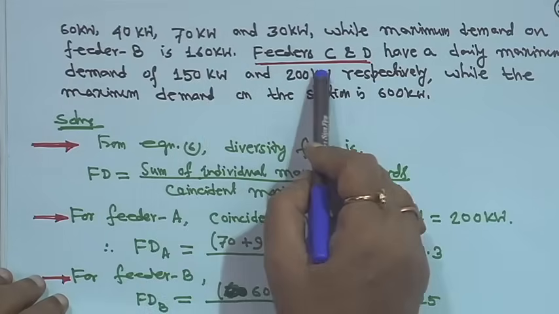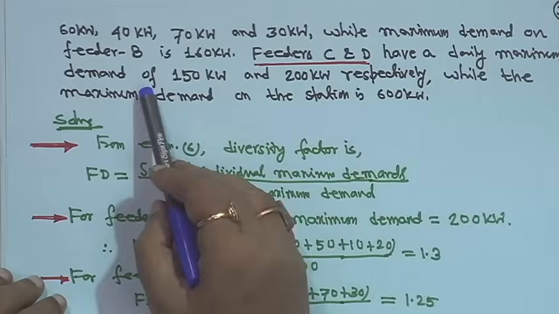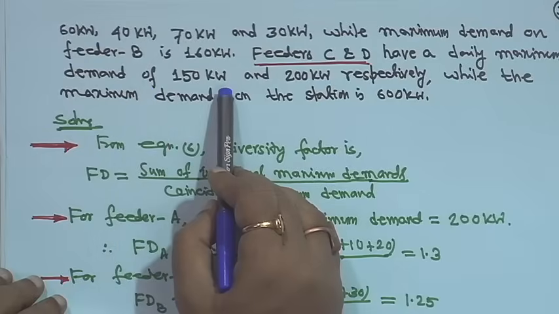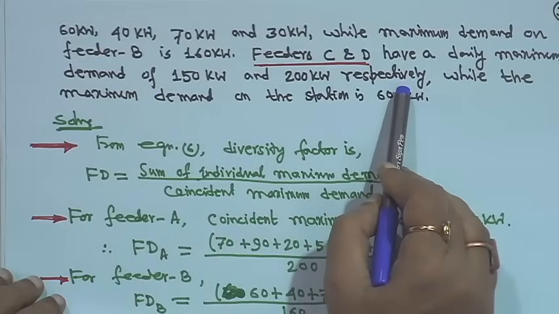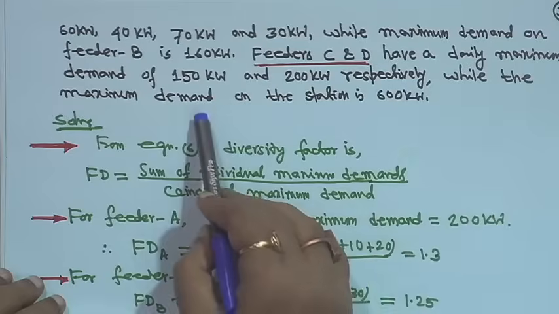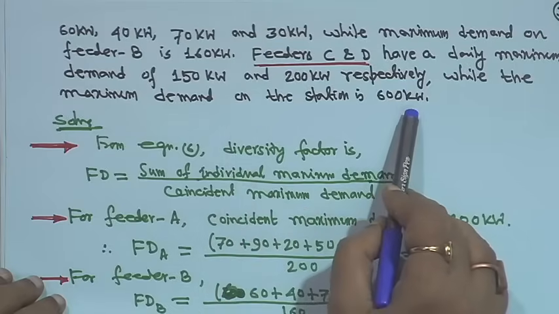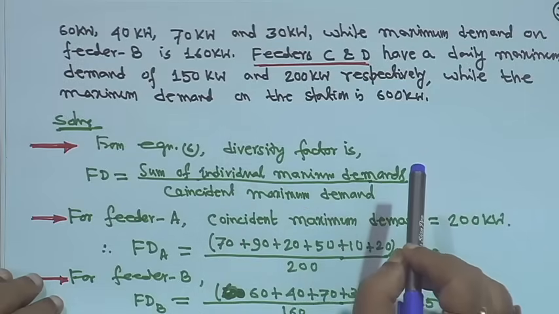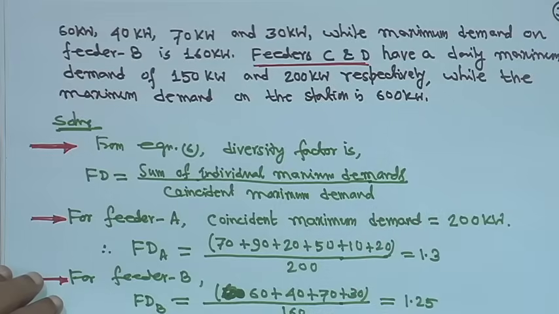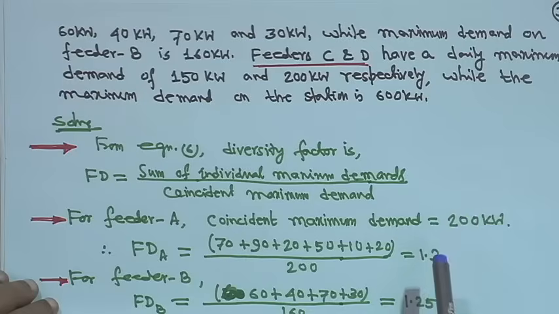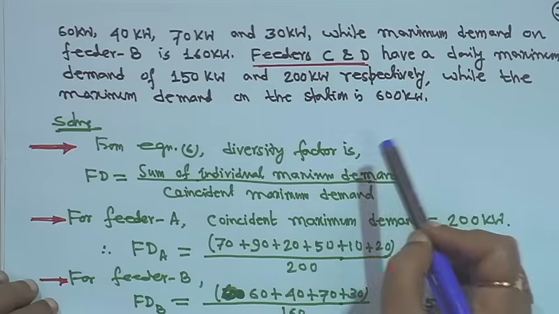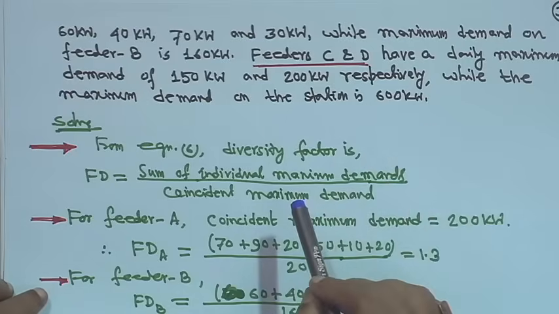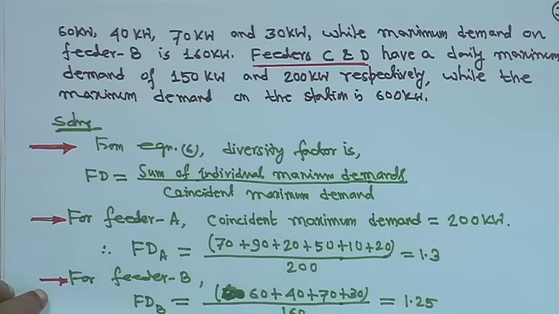Feeders C and D have a daily maximum demand of 150 kilowatt and 200 kilowatt respectively, while the maximum demand on the station is 600 kilowatt, right. So in this case you have to find out the diversity factor. I did not write here what you have to obtain. You have to find the diversity factor for feeder A and feeder B.